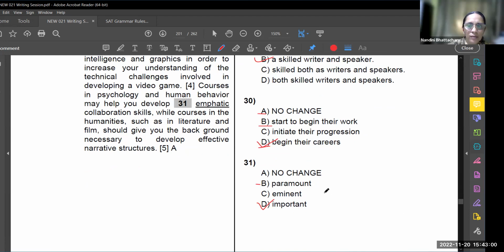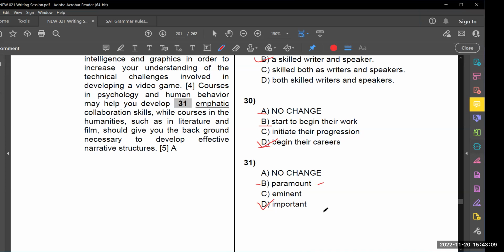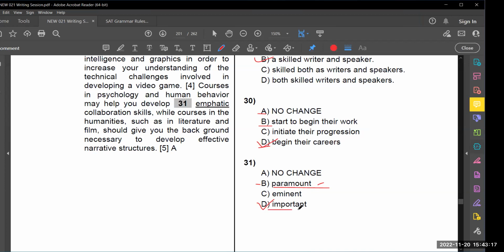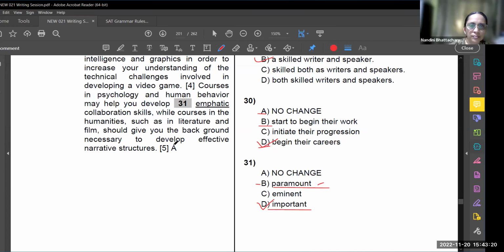Now if you look at paramount, does that also mean important? Paramount means something which is of great importance, and you will refer to something specific. Here we are talking about skills, so important skills.